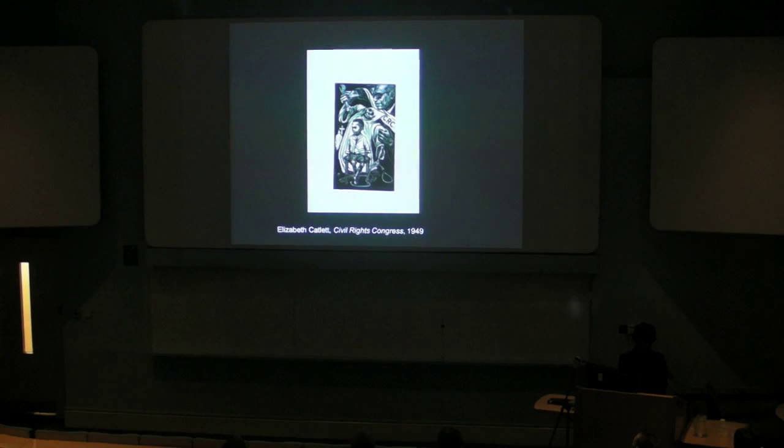Her print, Civil Rights Congress, from 1949, shows the allegorical figure of the CRC pulling back the hands of death from a seated child. Working in Mexico with the Taller de Gráfica Popular, Catlett produced the kind of artwork that the left lauded. However, Lewis, working in the abstract mode, did not.